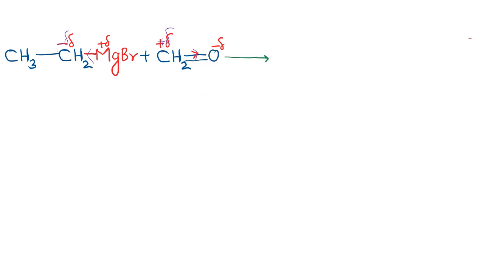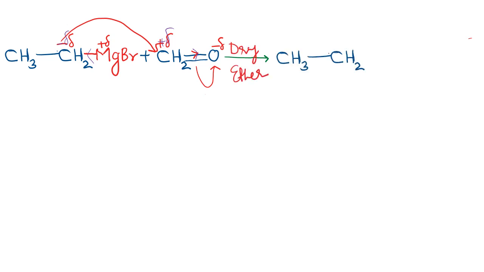So minus will attack on plus. When you make one, you break one. What you have is CH3CH2 attacking on the carbon of aldehyde. So this is the new bond which is formed, and oxygen is receiving the electron, and it is also getting MgBr from the Grignard reagent.